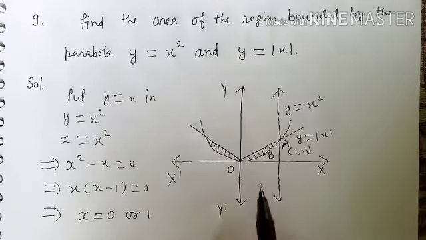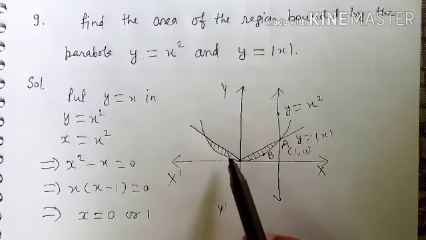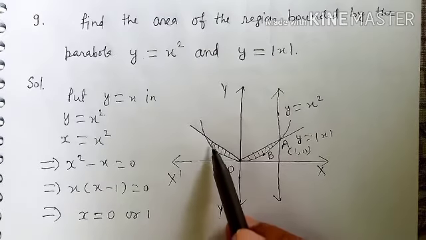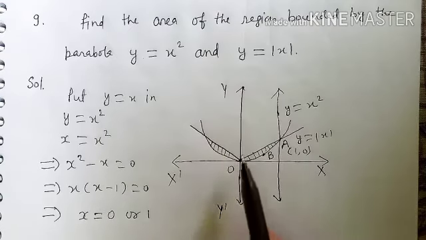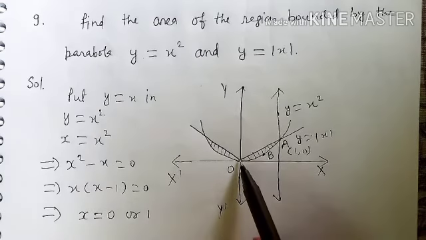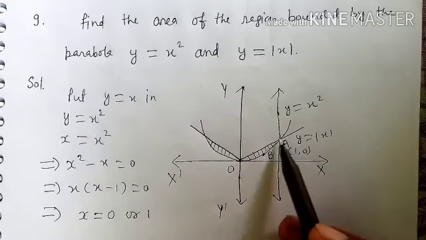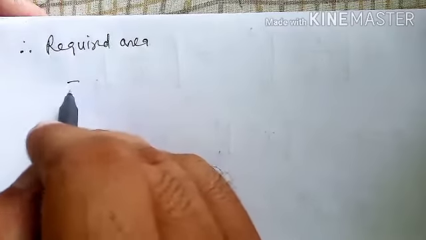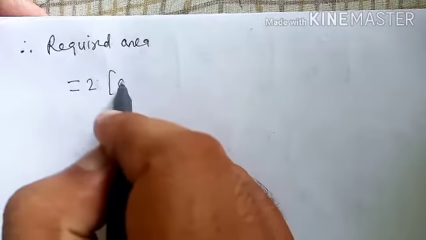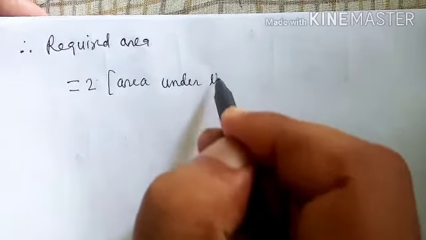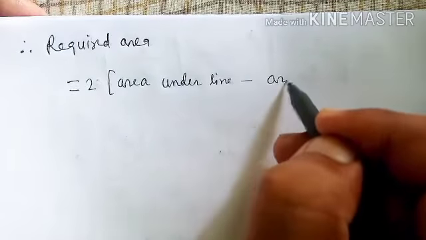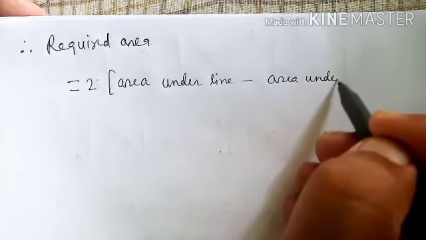Now we can say that the required region is symmetric about y-axis. So the area of required region is equal to 2 into area of region OBAO. That area is equal to 2 into area under line minus area under parabola.